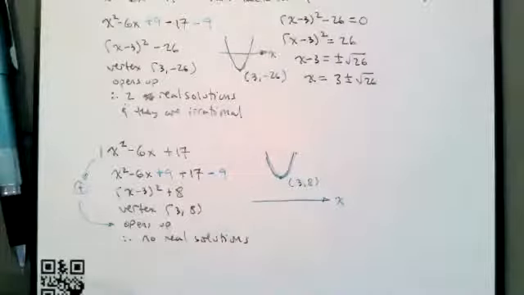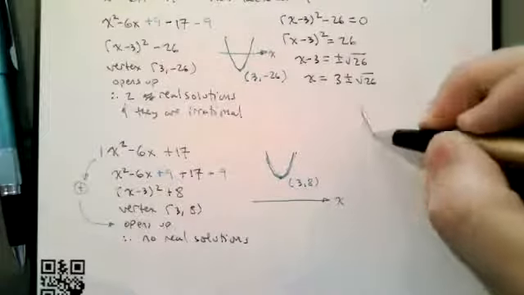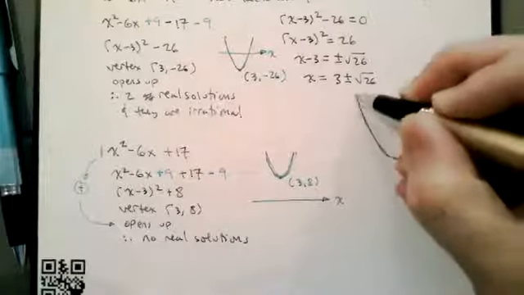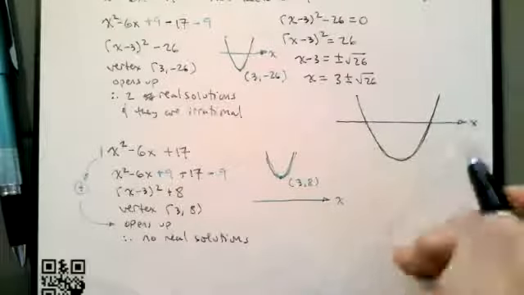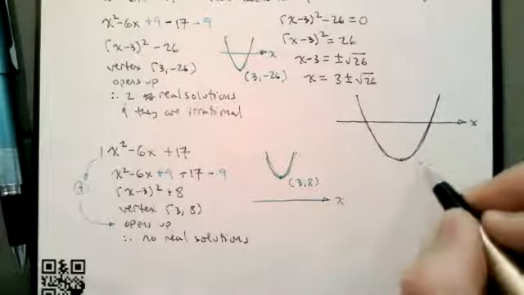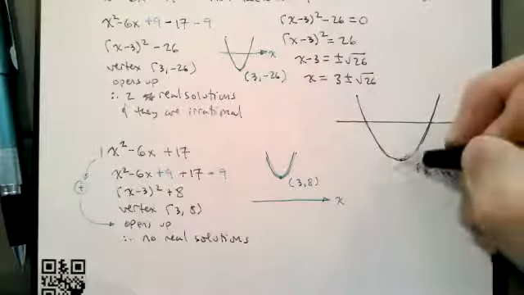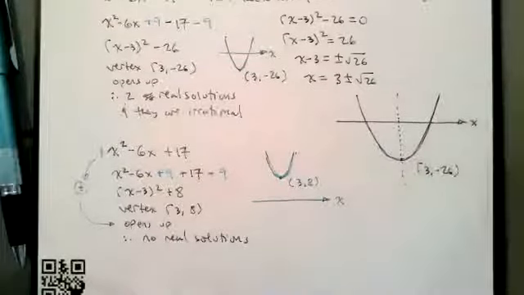This is even a better form with the 3 plus or minus the square root of 26, because if we think about the vertex, this point at 3, negative 26, that shows us the middle, the axis of symmetry.